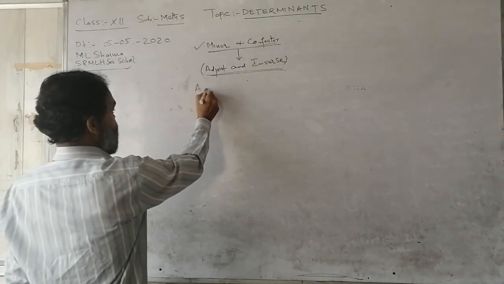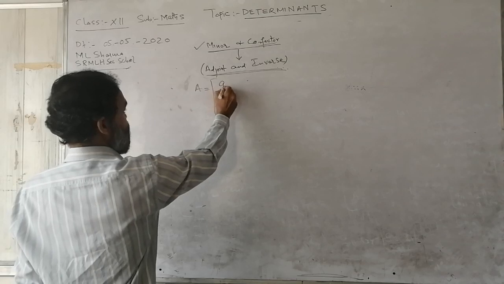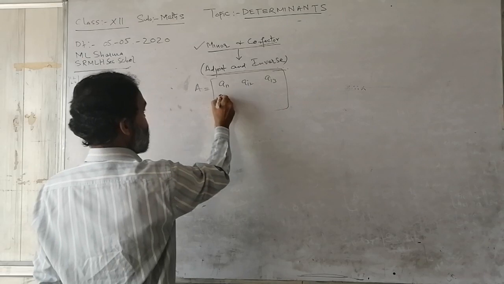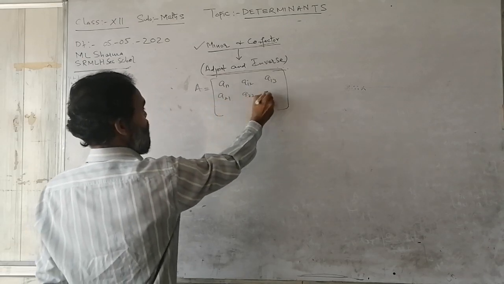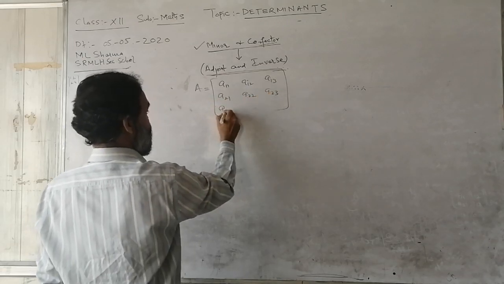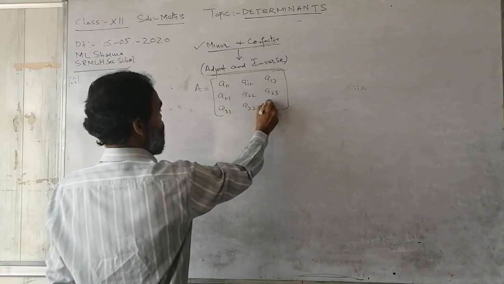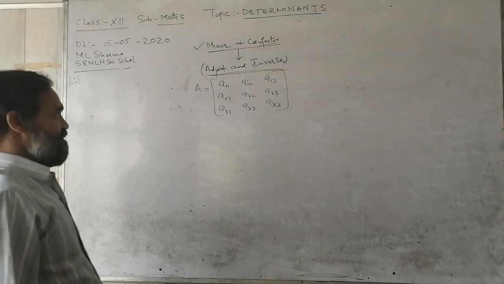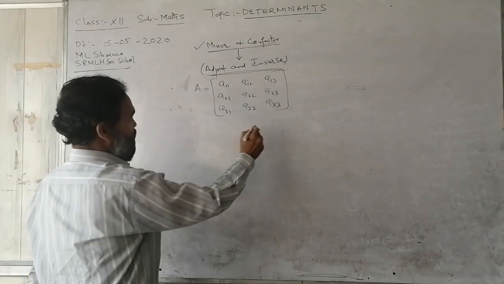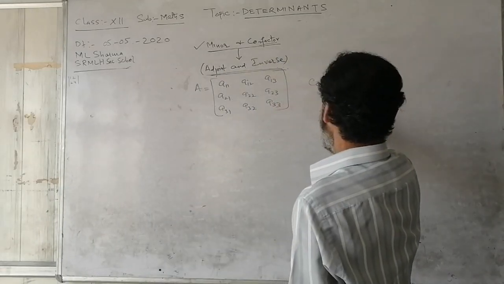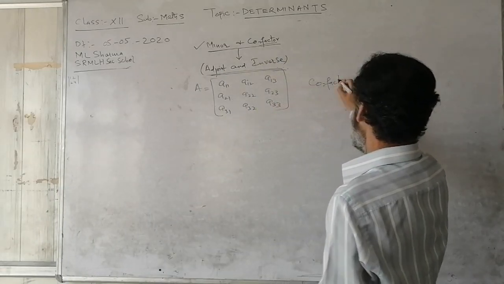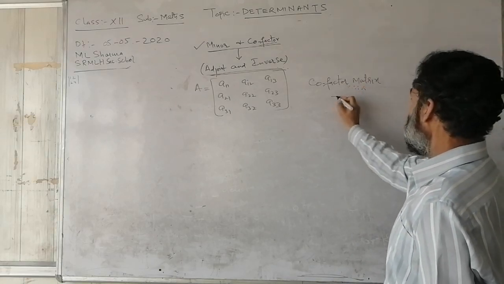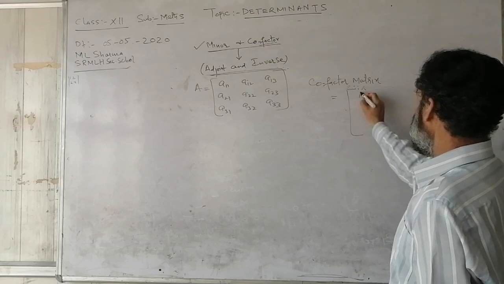Suppose I have matrix A whose elements are these. This is a 3 by 3 matrix I have taken, and there are 9 elements, and its cofactor matrix I can write in this way.